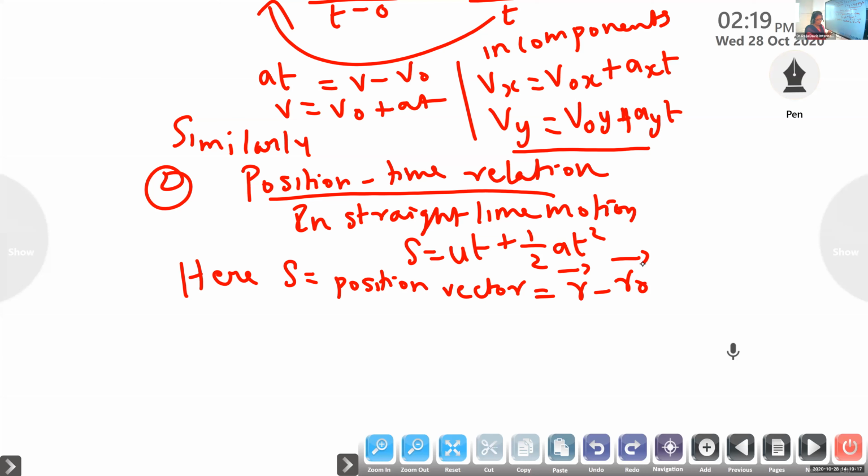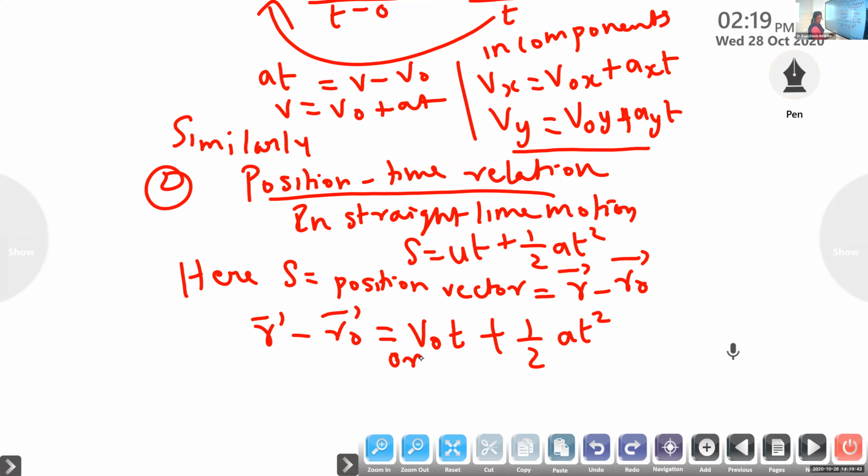That is the only difference. Therefore, we get vector R minus R0 is equal to, instead of U, V0t, then plus half AT square.